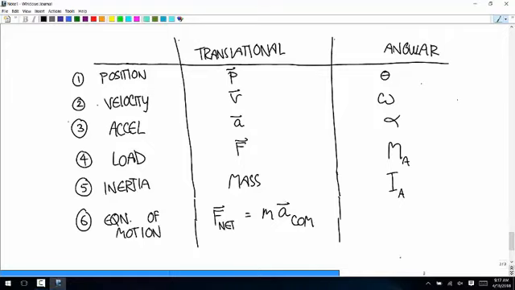If you're talking about angular motion, then the net moment about A is equal to the mass moment of inertia about A times the angular acceleration. And it has the exact same form. So you should never forget the form of this equation. It's just like this one.